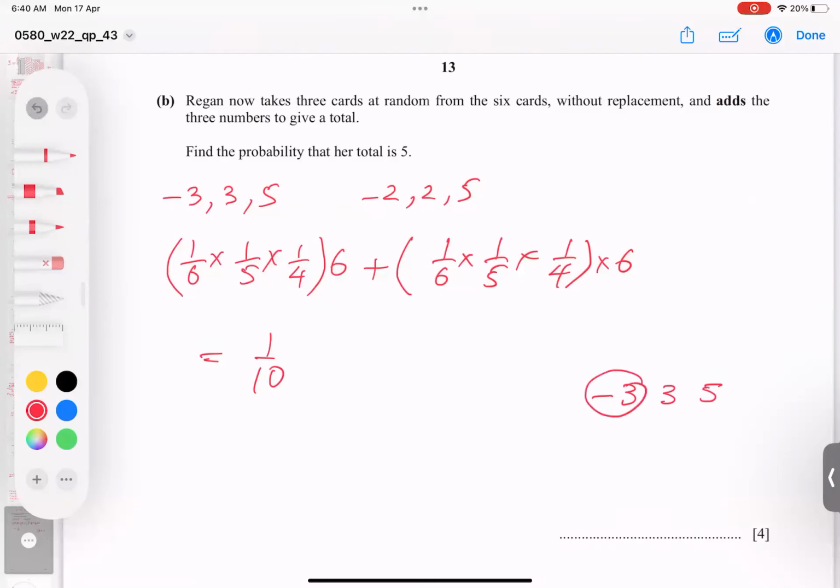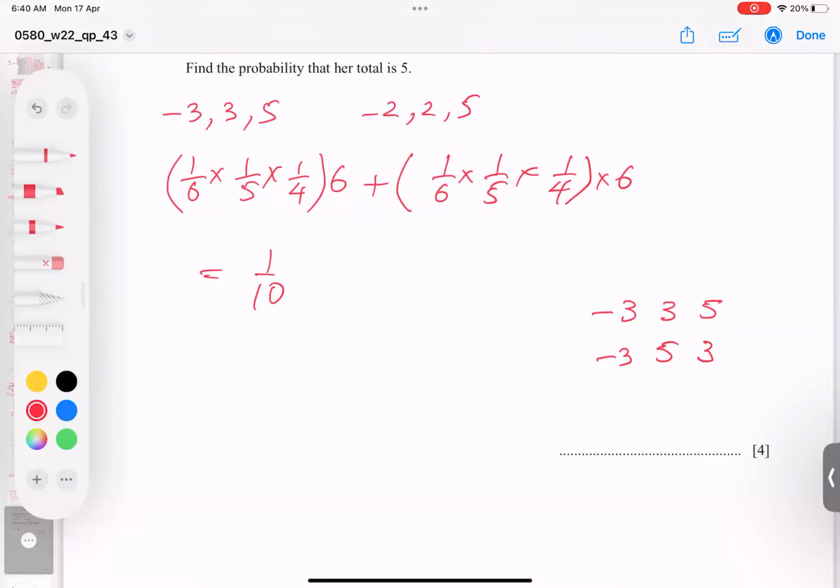If you fix this card in first place and shuffle these numbers, 5 gets the second card, 3 later on. There are two possibilities. Possibility number 1, possibility number 2. Now, is it possible 3 comes in the first place? Yes. 3 comes first place, then -3 goes in second place, and 5 goes third place. And still 3 is fixed on the first position, 5 and -3 shuffle their places. The third option and fourth option.